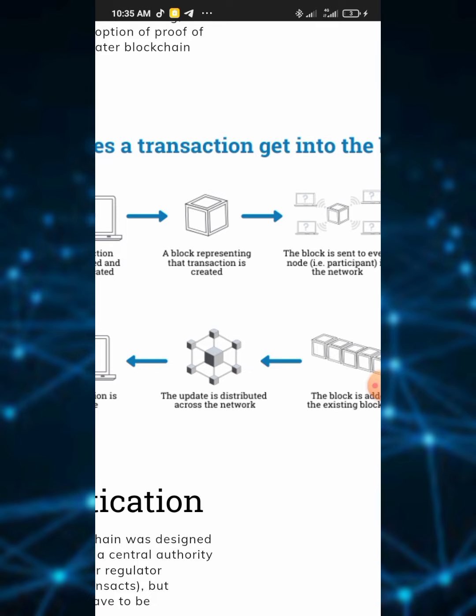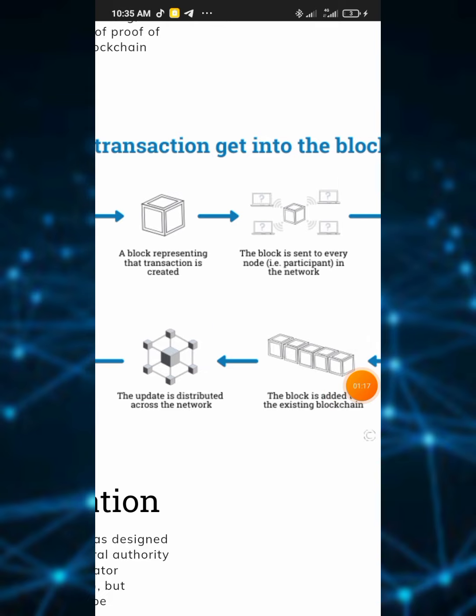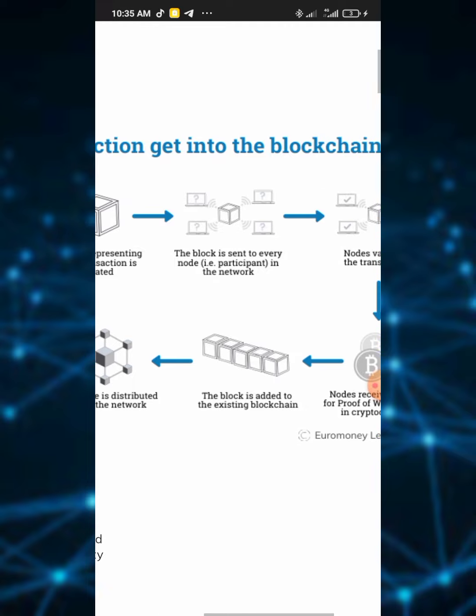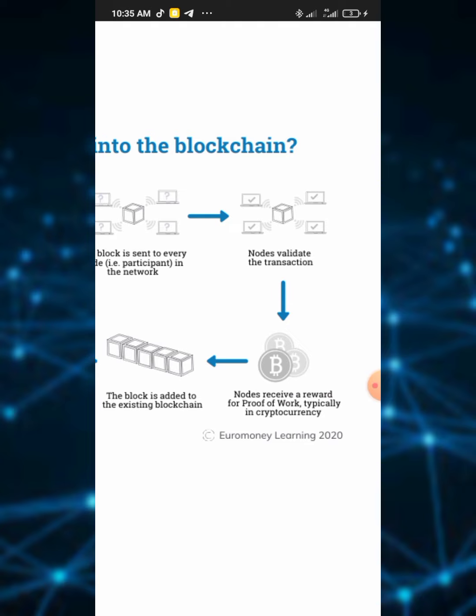All right, so once the information is stored in the network, it will be distributed across the network, and the block is added to the existing blockchain. Okay, and then the node receives a reward for proof of work.